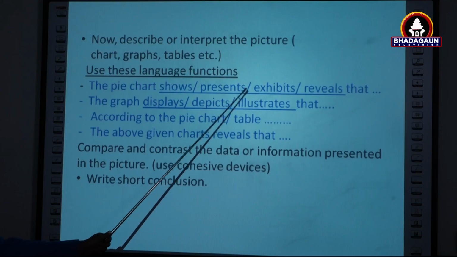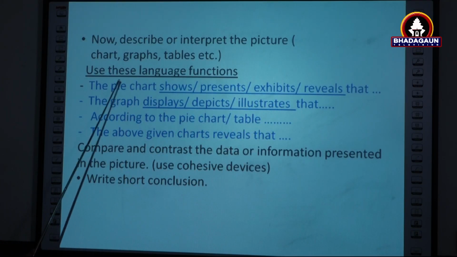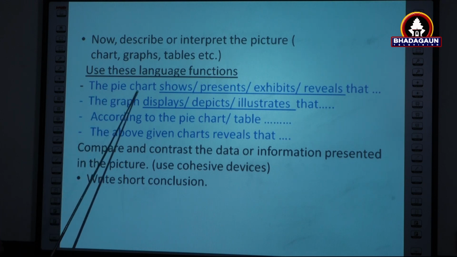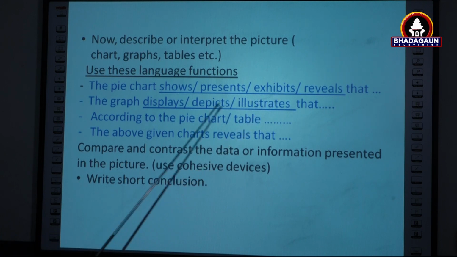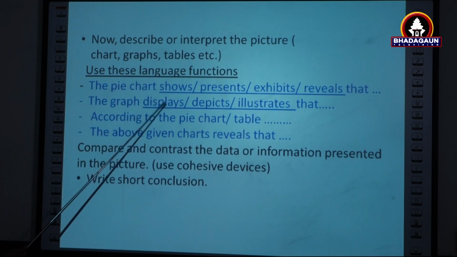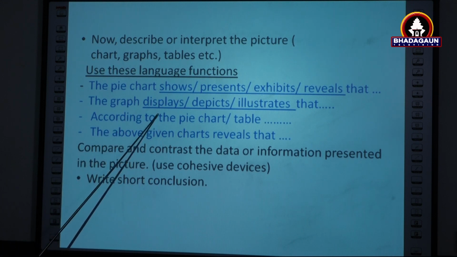So we are going to test whether you know these language functions or not. Basically the teacher tries to find these language functions in your answer. So when you interpret, describe and illustrate pictures, charts, graphs and tables, basically use these language functions.